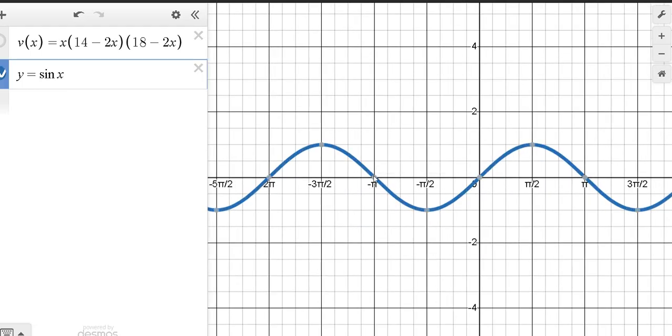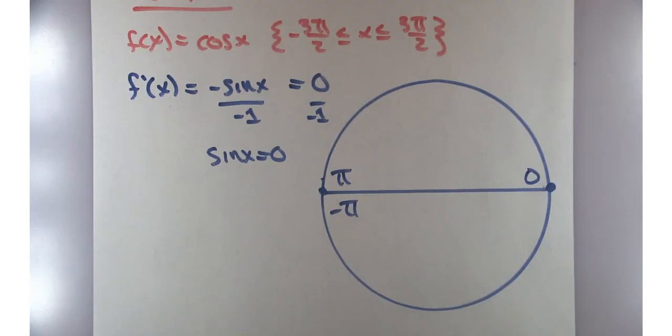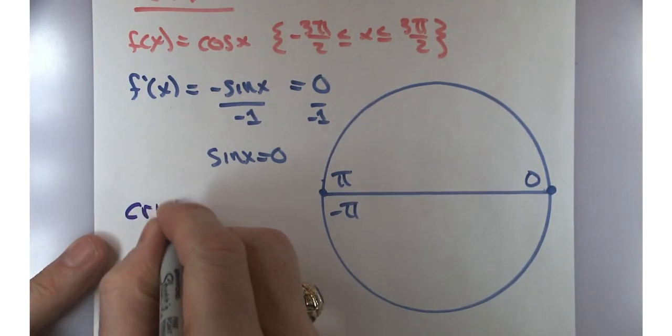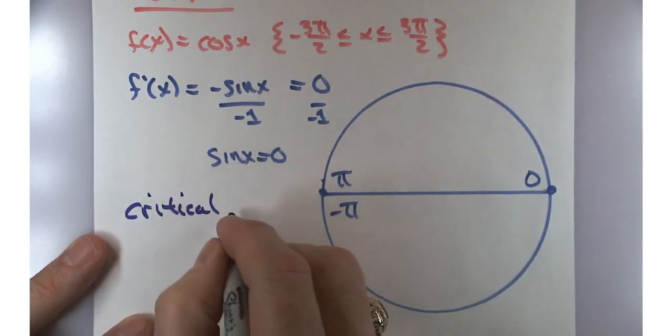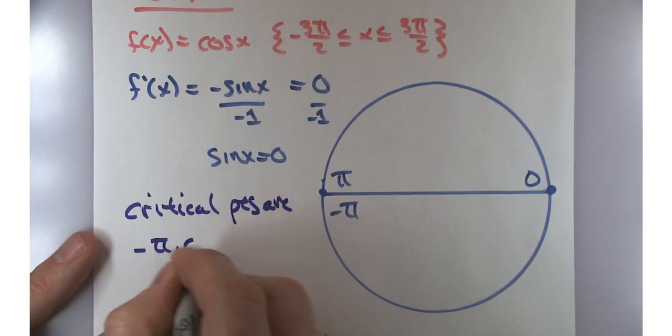And we've got 1, 2, 3 points in the range of negative 3 pi over 2 to 3 pi over 2. So nice. Those are our critical points. So our critical points are negative pi, 0, and pi.